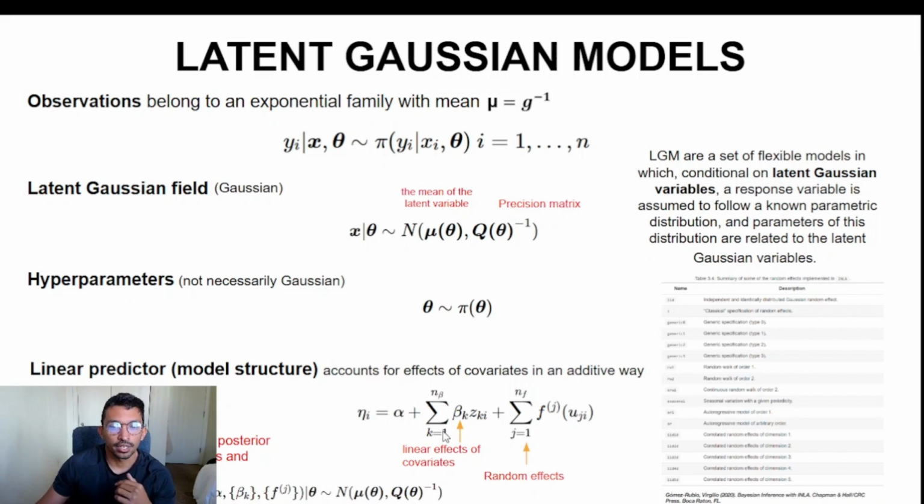We can observe here we have our coefficients for covariates, like the intercept, and the random effect model. INLA can support different models, like independent and identically distributed Gaussian random effects, or a random walk, or an autoregressive model to explain the variation, right?